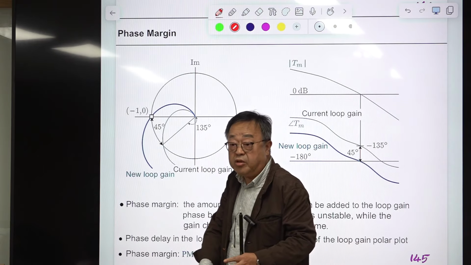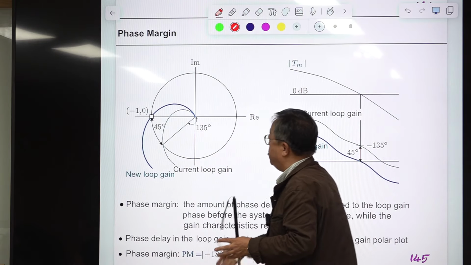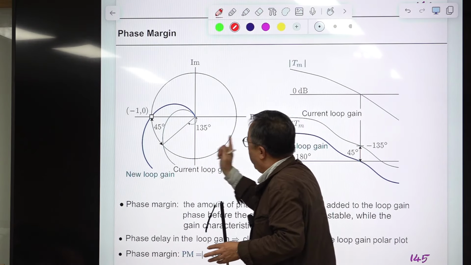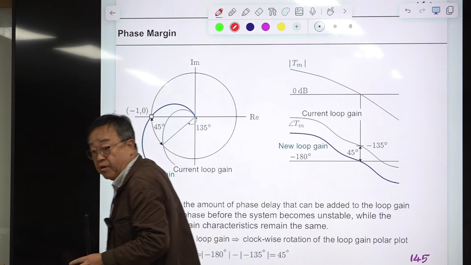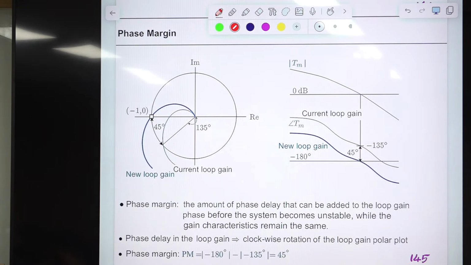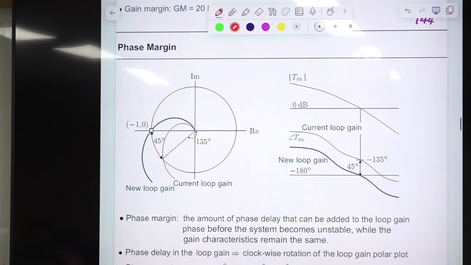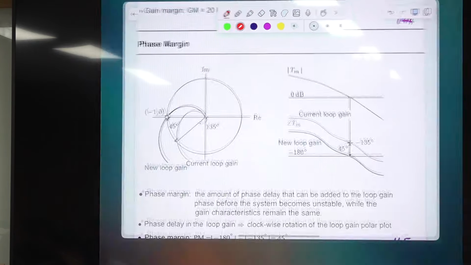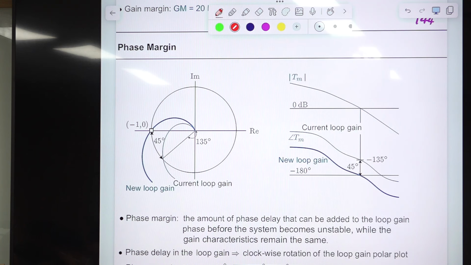So when you are evaluating the phase margin, you should take a look at the frequency where the magnitude becomes 1. The phase margin is determined where Tm, the magnitude of the loop gain, becomes 0 dB.